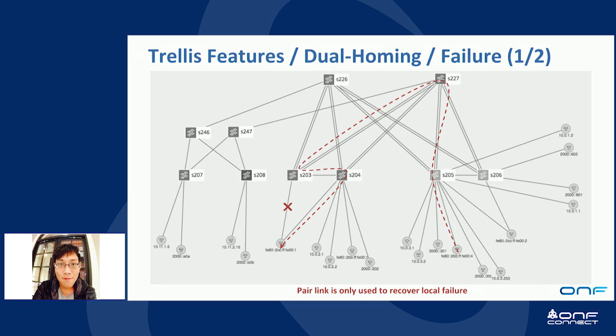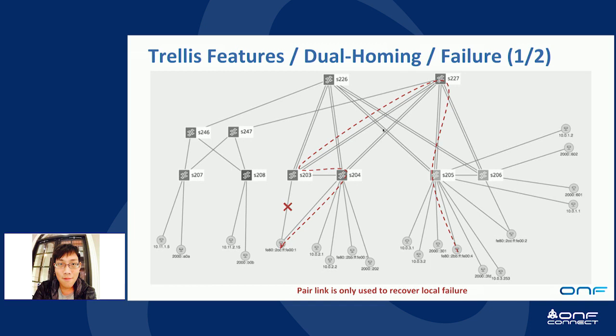So what a local failure is that, if you look at this diagram, you notice that the link between this dual home host and this switch is broken, but there may be some other switches on S203 that's still reachable over here. So instead of rerouting all the traffic to the other side, we only do a recovery specifically for this host that has a link failure.